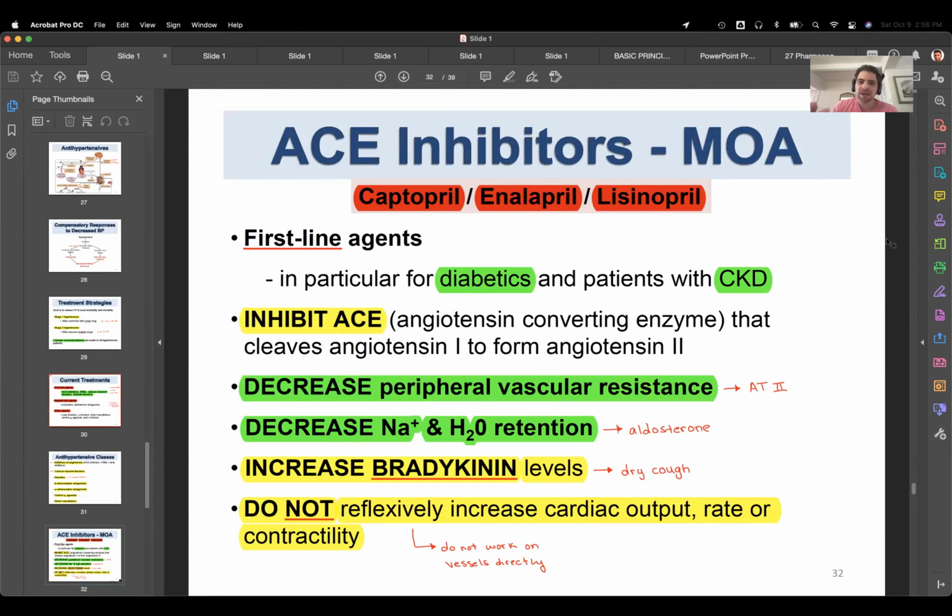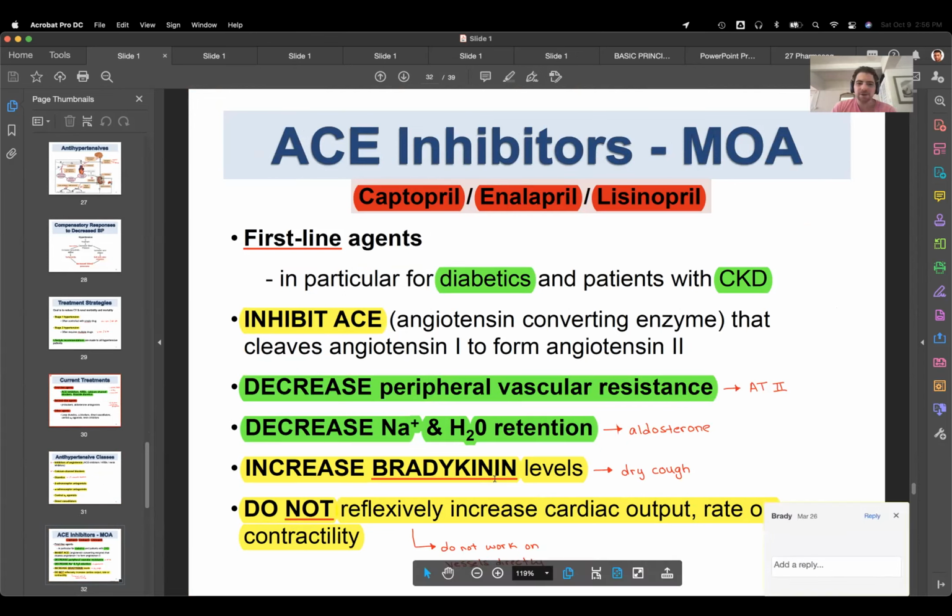ACE inhibitors, I pretty much know how this works now. They block angiotensin 2, and angiotensin 2 activates aldosterone and ADH. So if you use an ACE inhibitor to block angiotensin 2, you can help prevent the reuptake of fluid, and you can help prevent the vasoconstriction from angiotensin 2. So it's a twofold effect.